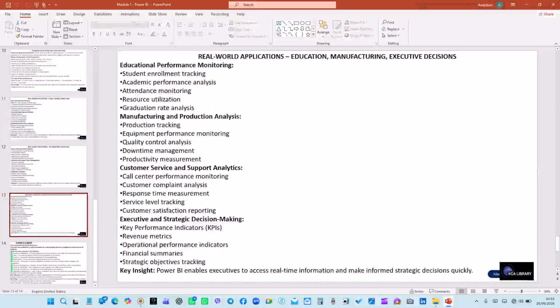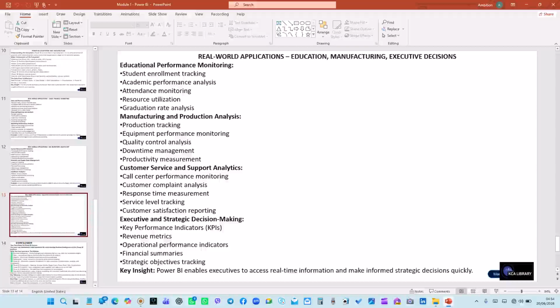Another real world application could be in education, manufacturing, and executive decision making. In education, it can be used for student enrollment tracking, academic performance analysis, attendance monitoring, resources utilization, and graduation rate analysis.